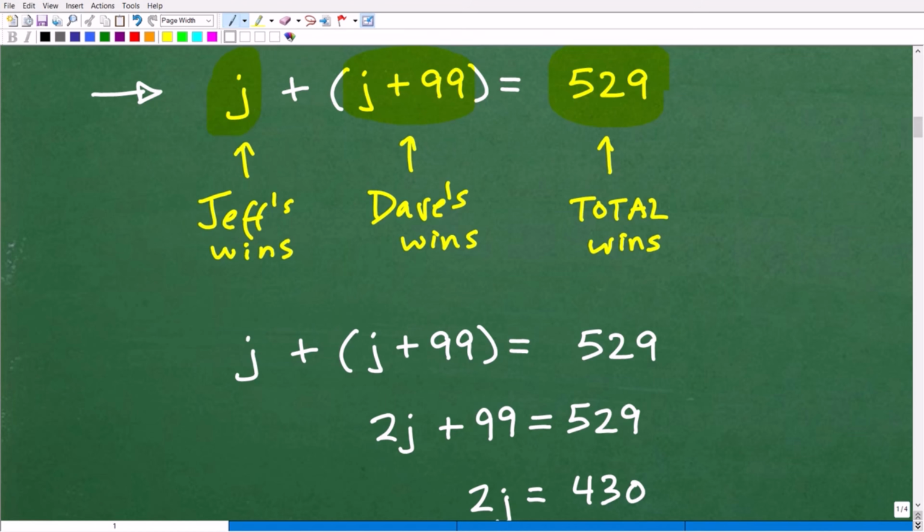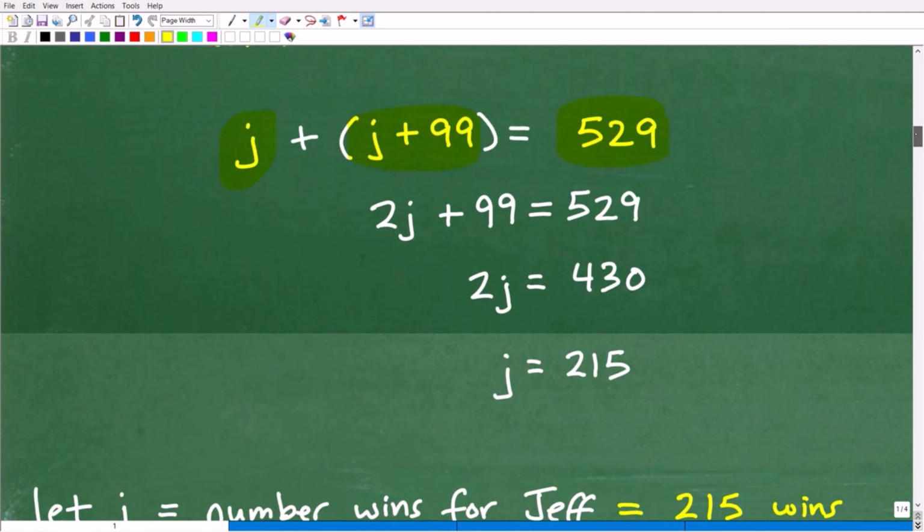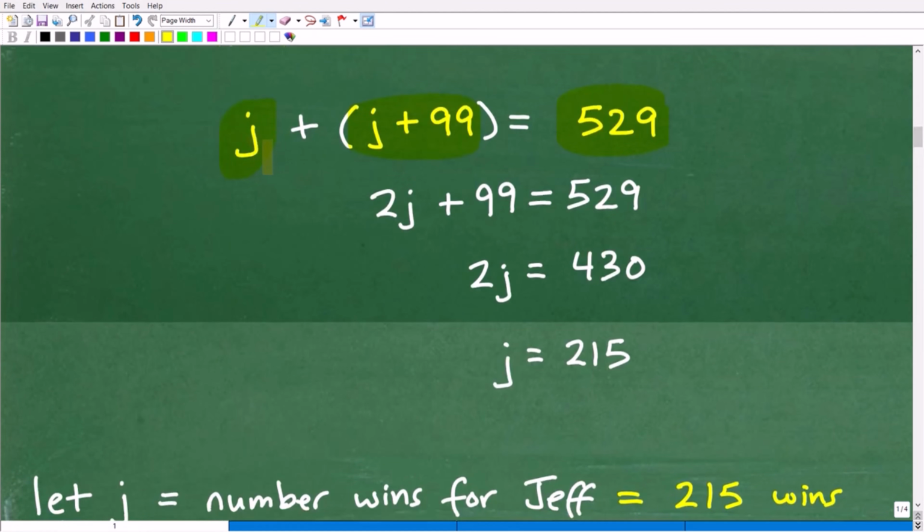J plus J plus 99 is equal to 529. Let me show you the work here. I have like terms: J plus J is 2J, plus 99 is equal to 529. So here I need to subtract 99 from both sides of the equation.